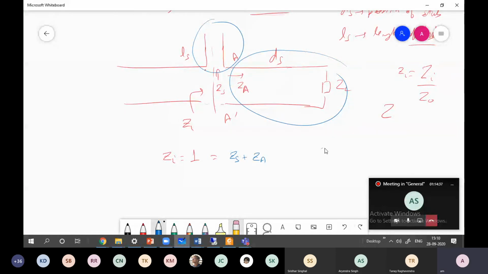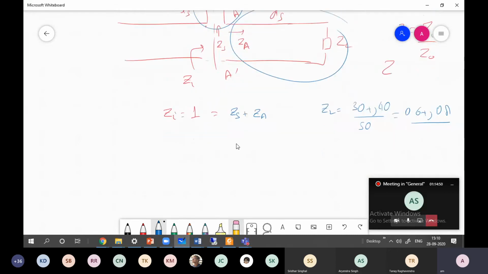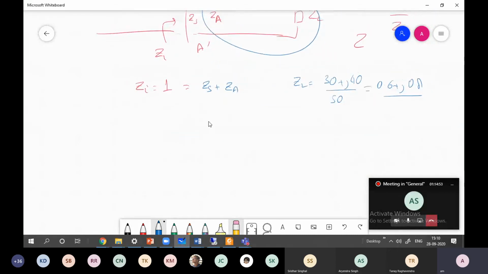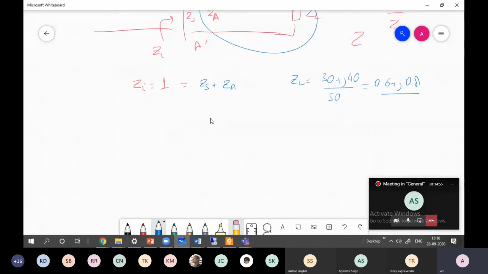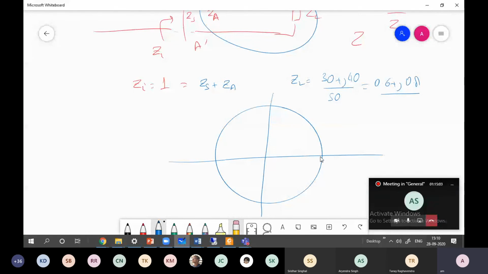Also I can calculate the normalized ZL as 30 plus J40 over 50, so it will be 0.6 plus J0.8. For this you need knowledge of the Smith chart. Where does this point lie?